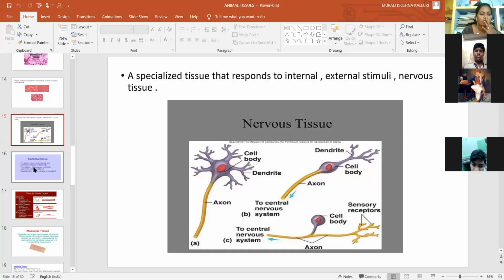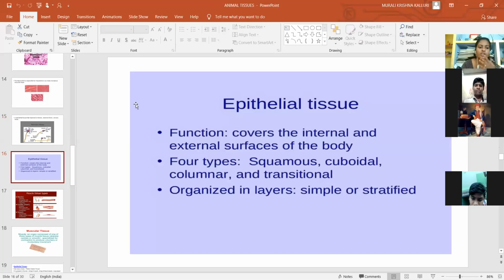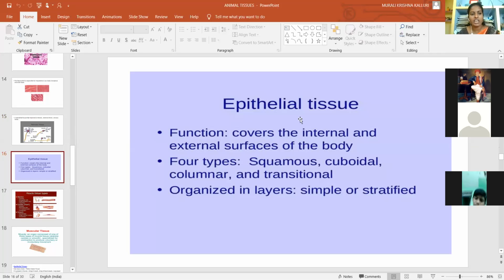Next one is the epithelial tissue. What is the function of epithelial tissue? It covers the internal and external surfaces of the body.